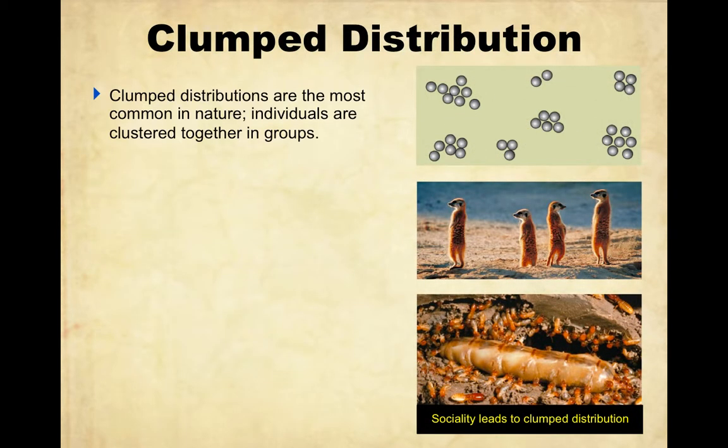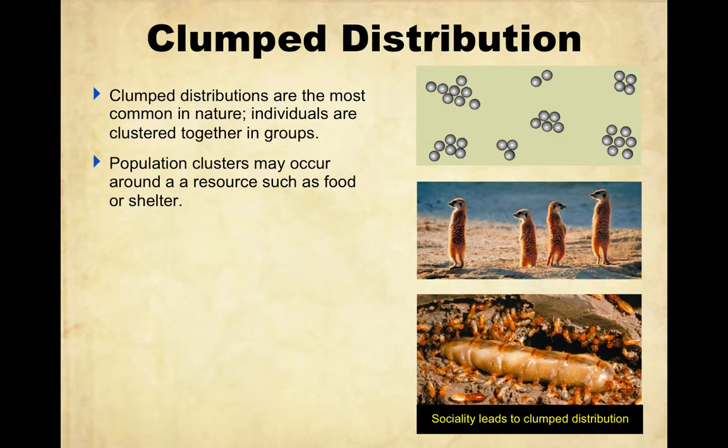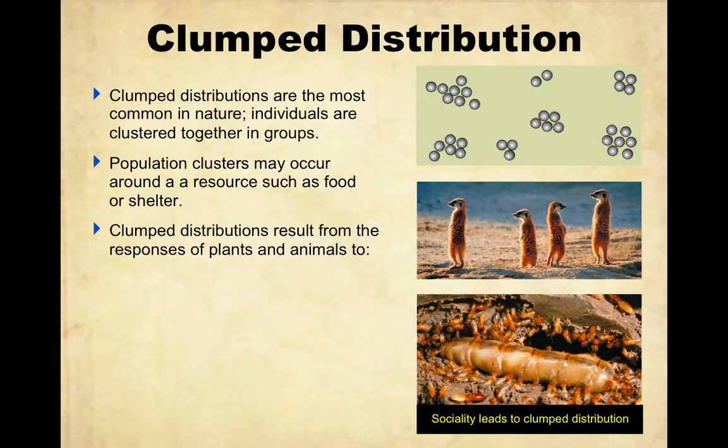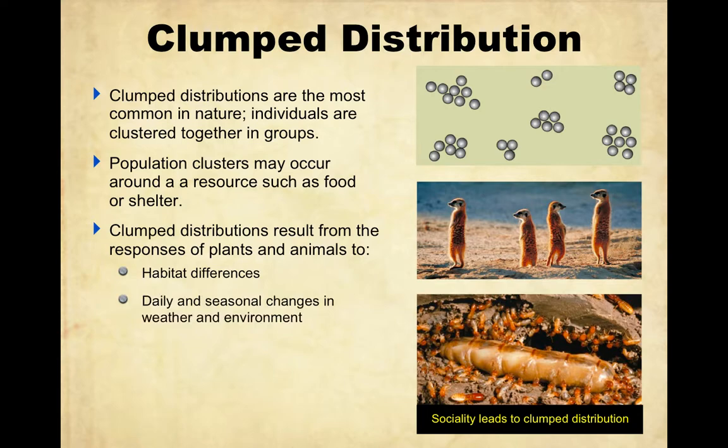We get clump distribution when the organisms are clumped together, and this is the most common. It's usually around a resource that they share, and this tends to be for social organisms, okay? There are habitat differences and you get some seasonal changes in weather and environment. So it makes sense that they clump together to make the most out of the resource that is available to them.